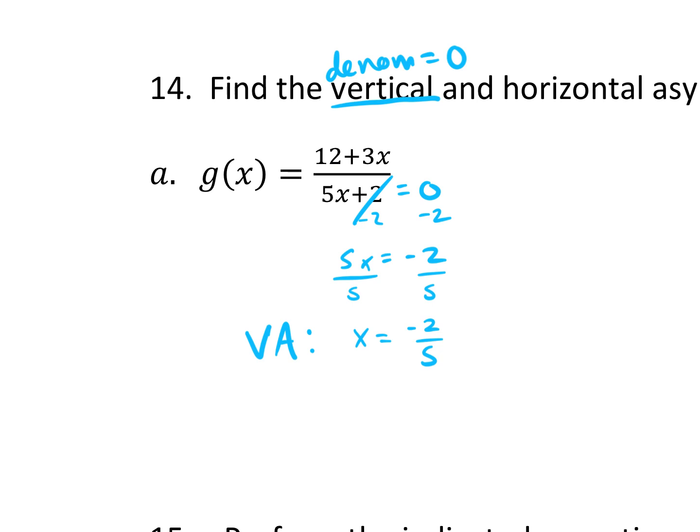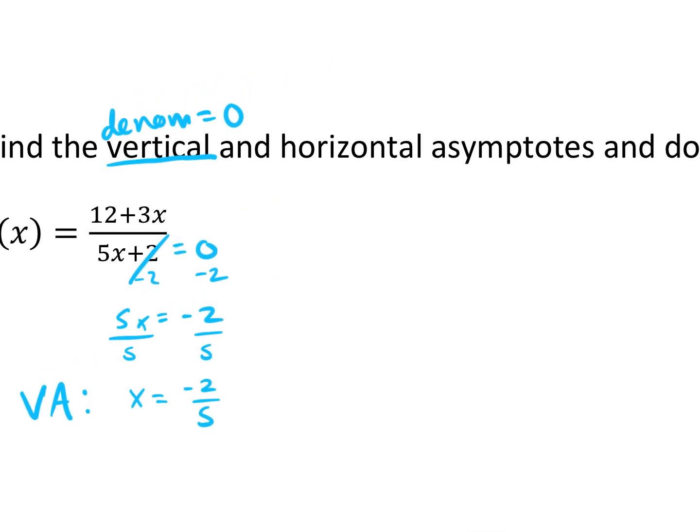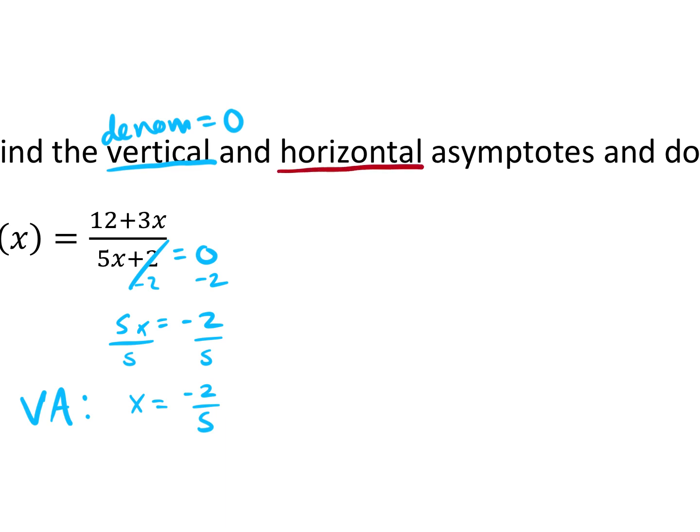For the horizontal asymptote, what do we have to look at? You look at the degrees of the numerator and the denominator.